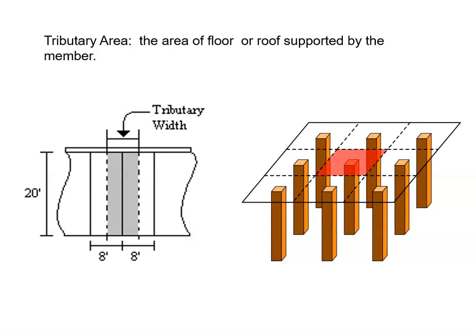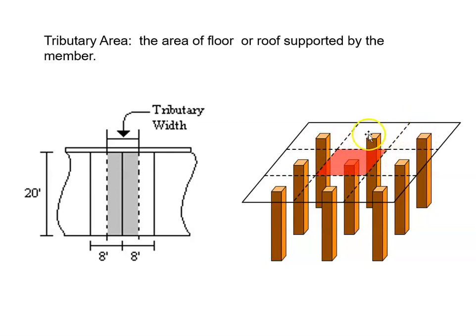Okay, on the subject of what the building weighs and what it supports is the important idea of tributary area. So the area of the floor or roof supported by a member. All right, so here we see 9 columns supporting a floor, and basically this center column is supporting what is in red.